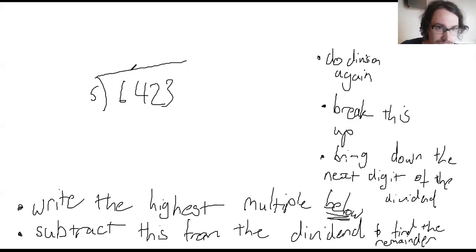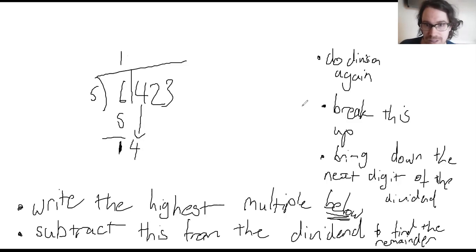So we can divide 5 into 6. 5 times 1 is 5. So we find the remainder with subtraction, 1. Now we're going to bring down the next digit, 14. Do division again.